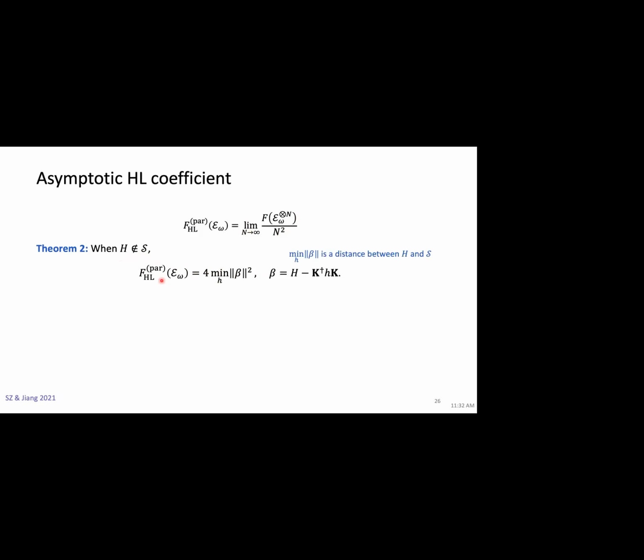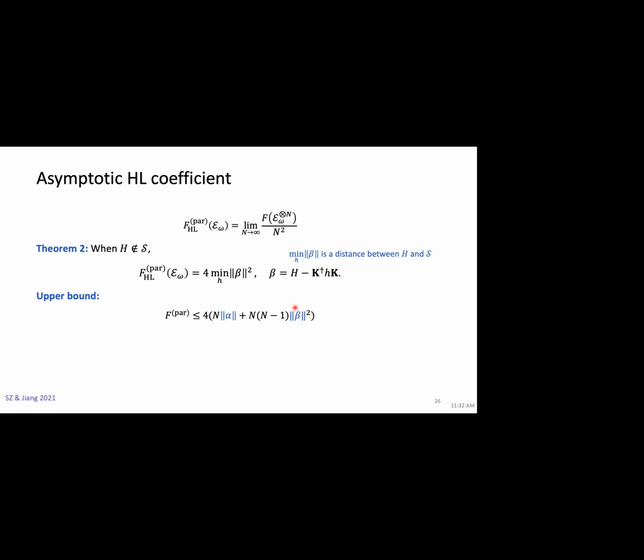We can view this quantity as some kind of distance between the Hamiltonian and the crossband. If you have good memory, you would remember that the quadratic term would have a coefficient, which is the norm of beta squared.